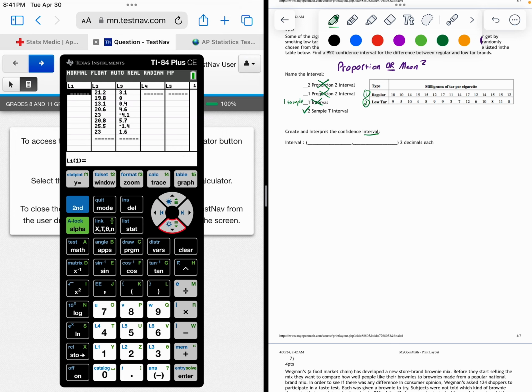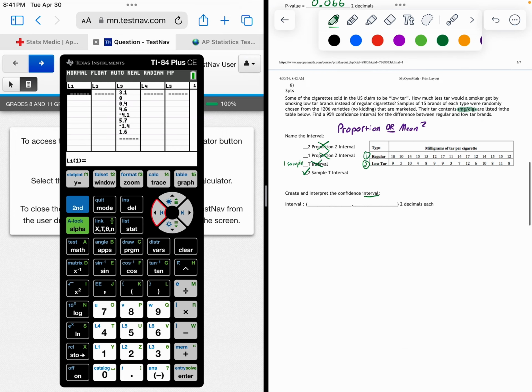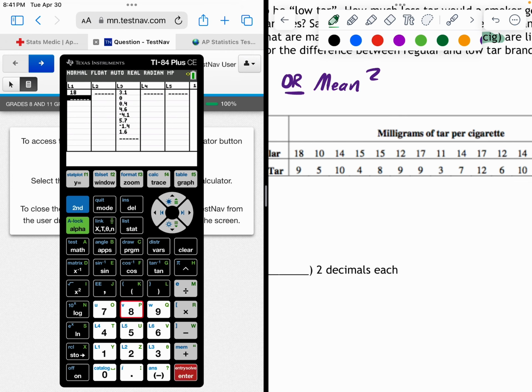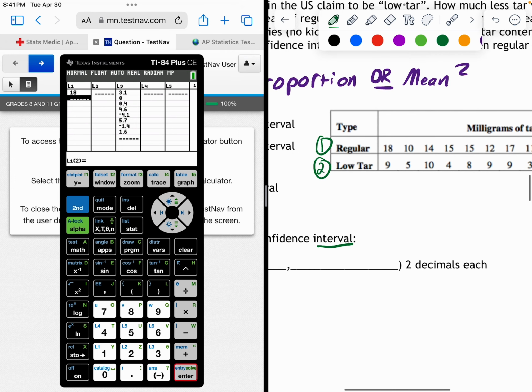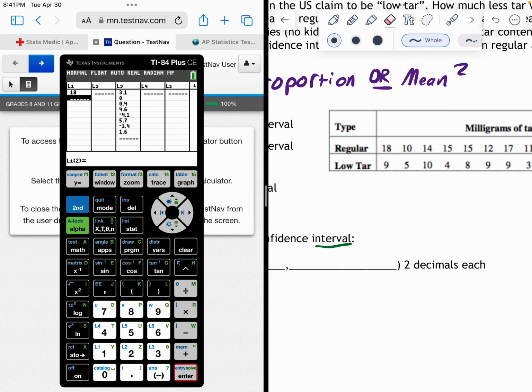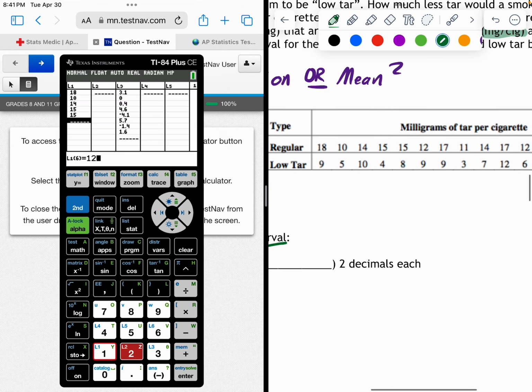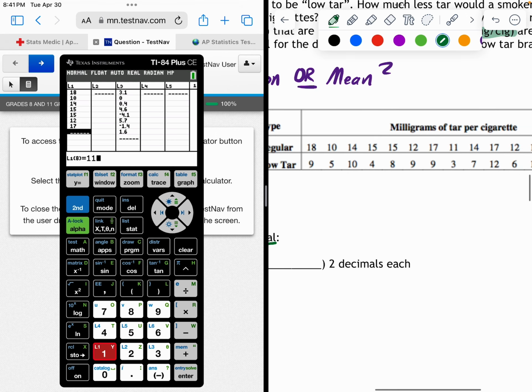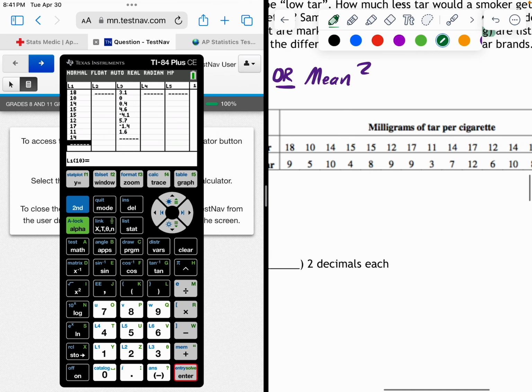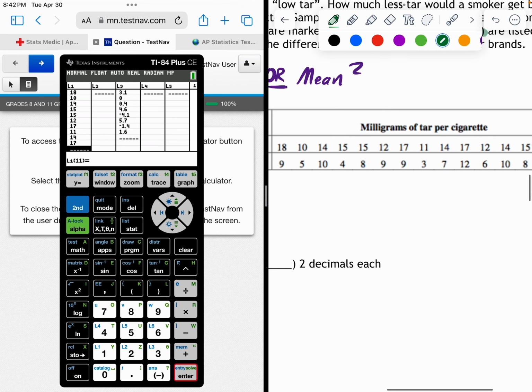I'll go back and clear out my lists here in list 1 and list 2 and take my time and enter them in. I'm doing regular in list 1, L1, and low tar in list 2. Remember, this kind of data entry is highly uncommon on the exam.